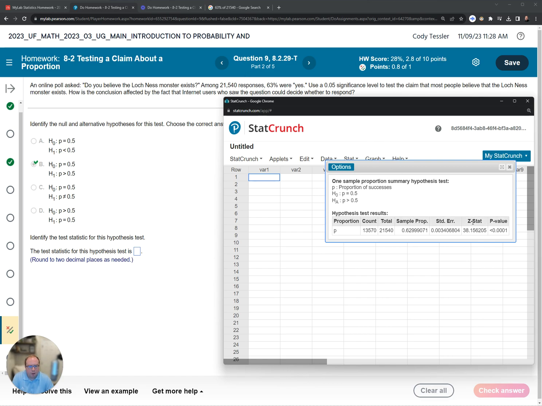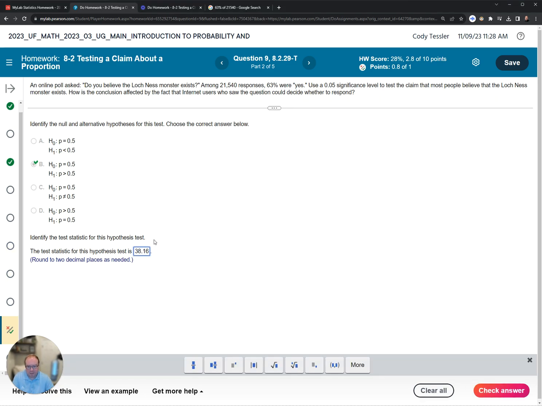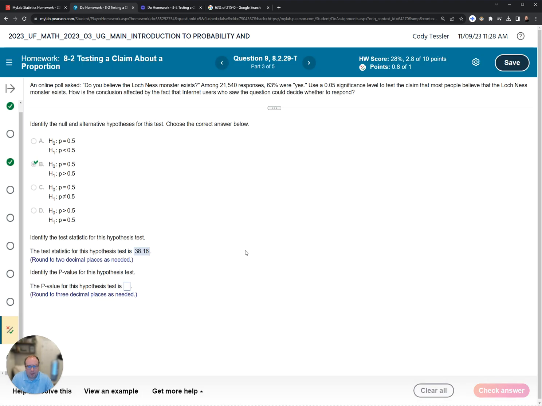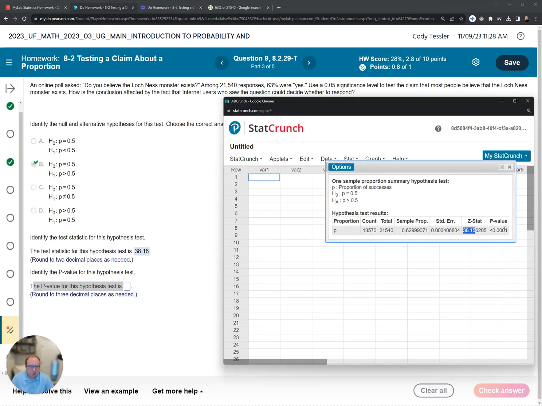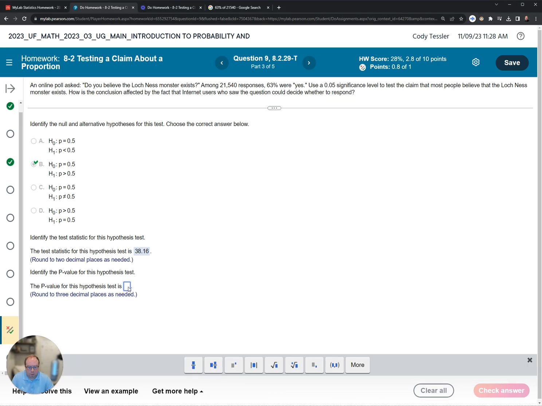All right, so the test statistic for proportion here is the z-stat. So if we take this, we want 2 decimal places, so we're going to need to round this. And the p-value, rounding to 3 decimal places. This is really small. So the p-value is just going to be 0.000 here.